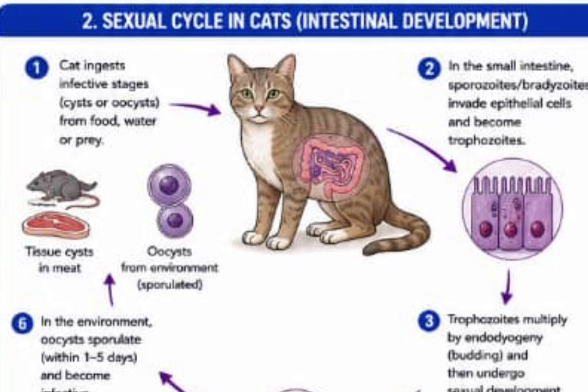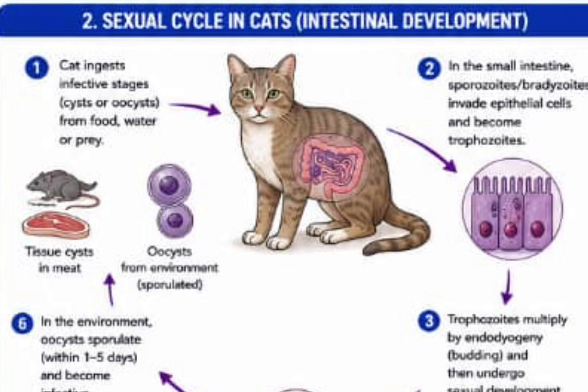Either way, they ingest it, and do you know where it goes? It goes to the small intestine. So when it goes to the small intestine, what are they taking in? They are taking in the sporozoites or the bradyzoites. So that thing the cat ate is the sporozoite or the bradyzoite, and when it enters the body, it goes to the intestine.